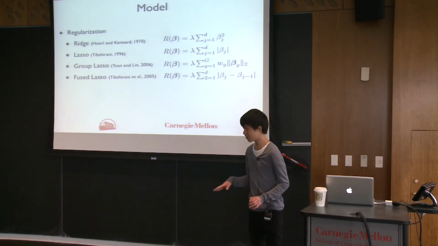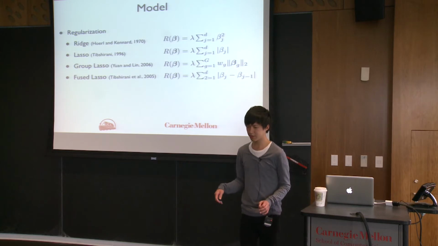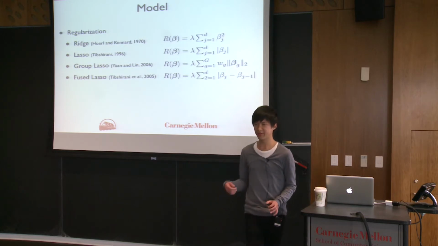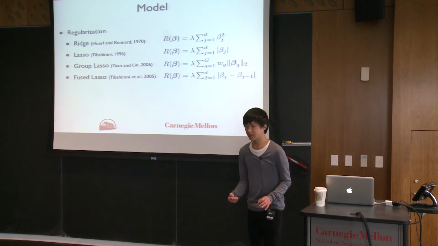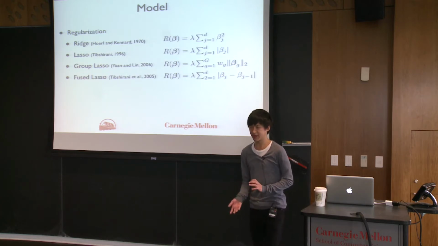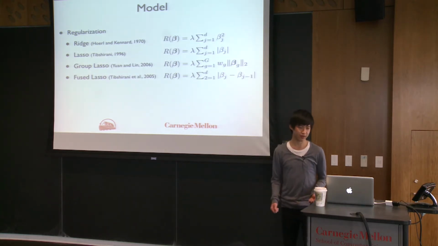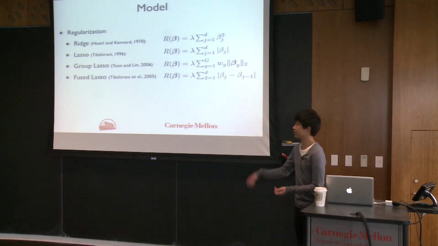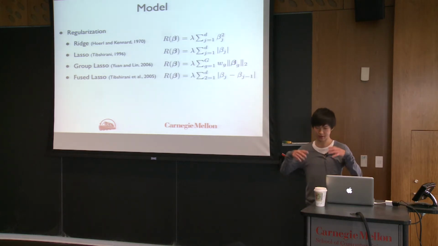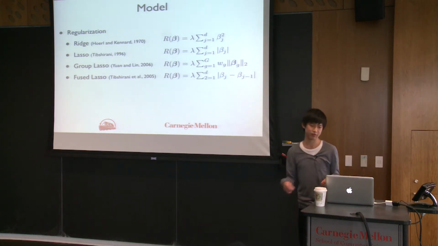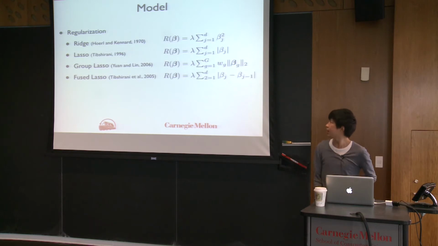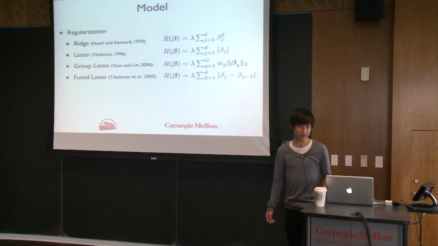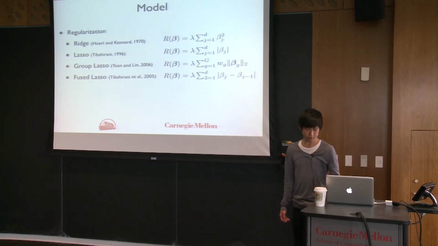What we're going to do is propose a new regularization function that incorporates the temporal dimension of the data into our model. So this is what we're going to modify in the GLM framework: we keep the loss function and modify the regularization penalty.